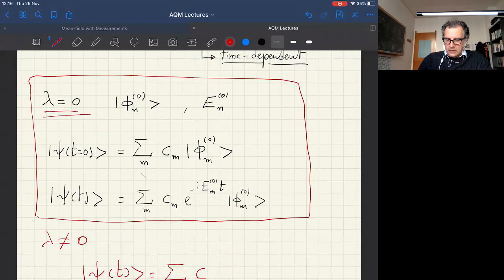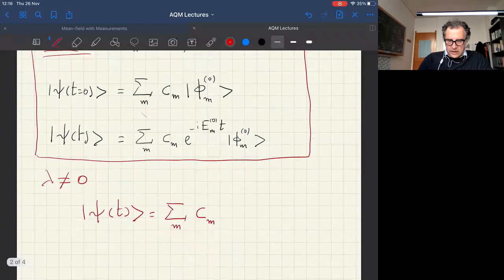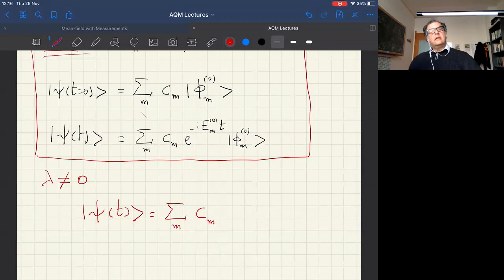Okay. Now, I really need this expression in order to try to construct a perturbation theory for psi of t when lambda is different from 0.